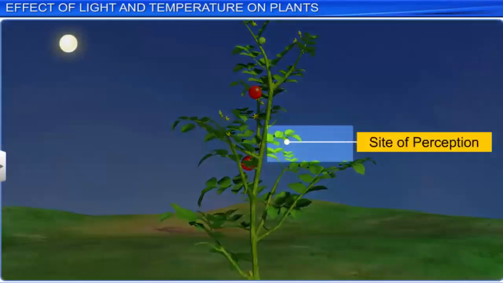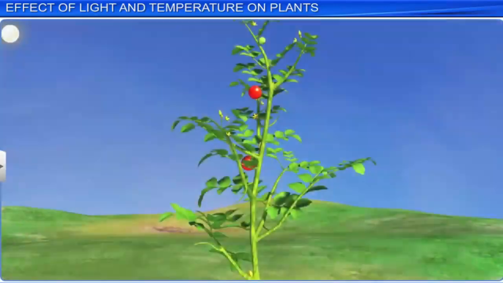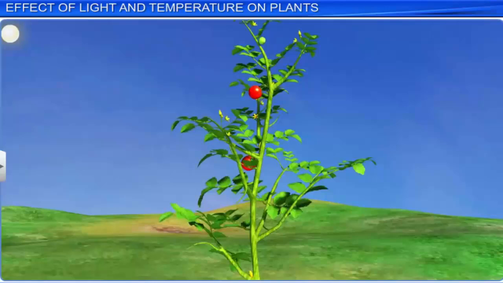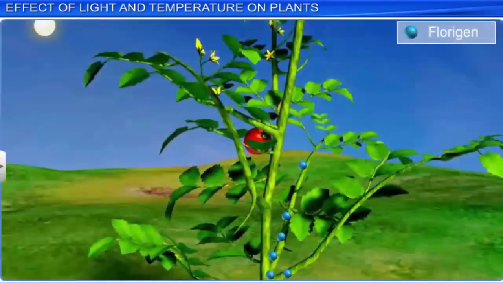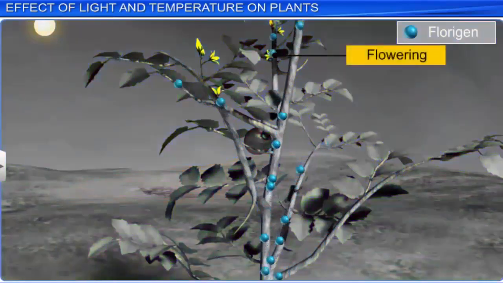The site of perception of photoperiod is the leaves. Therefore, scientists hypothesized that these plants synthesize a flower-inducing hormone called florigen in their leaves. When these plants are subject to photoperiod, this hormone travels from the leaves to the shoot tips to induce flowering.